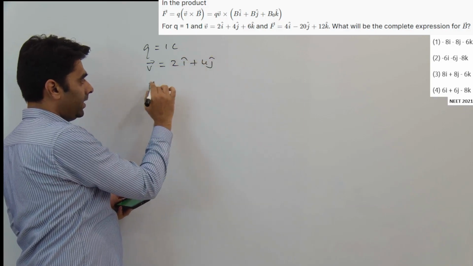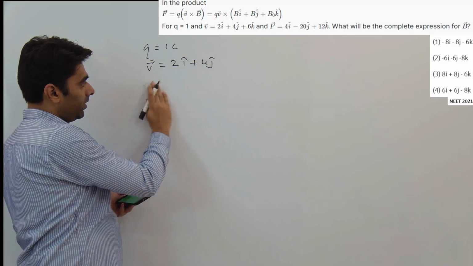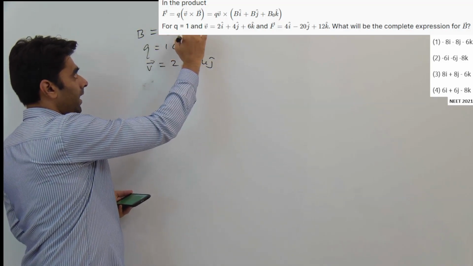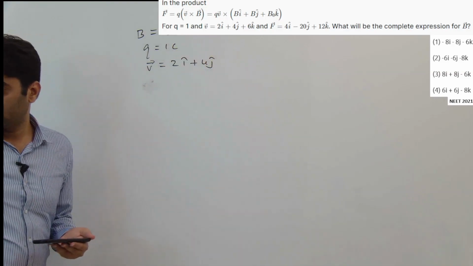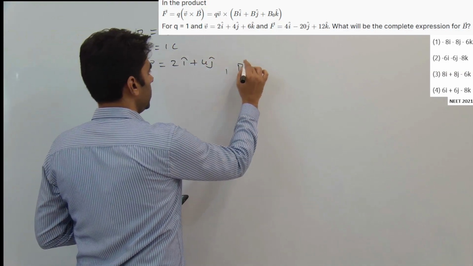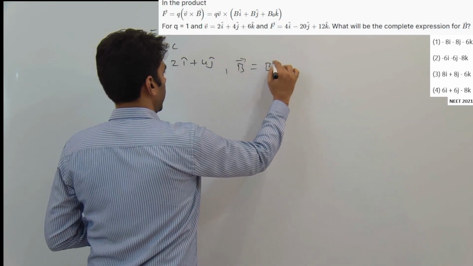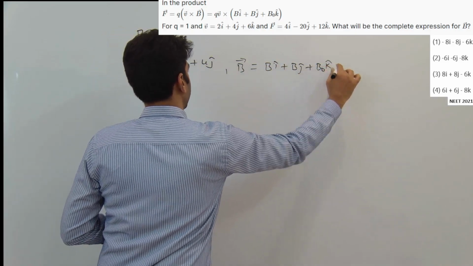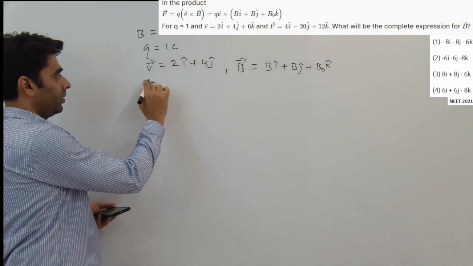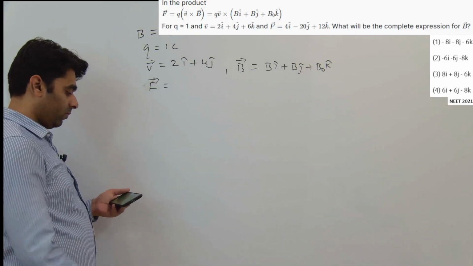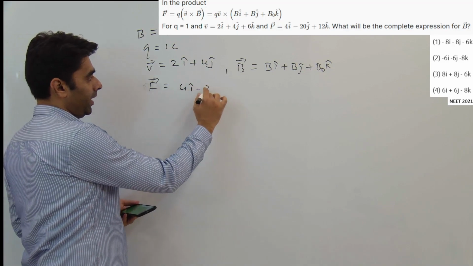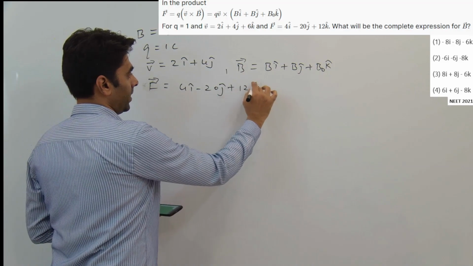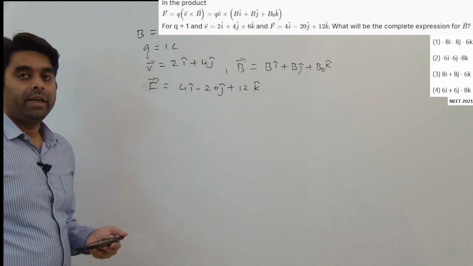And magnetic field also they have given, which is B I cap plus B J cap plus B naught K cap. And the force is given 4 I cap minus 20 J cap plus 12 K cap. What will be the complete expression for B?